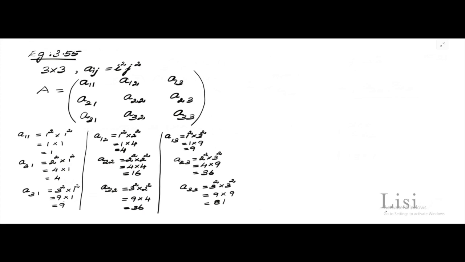See your matrix, the position of A11 is here, that's why I have written A11 here. A12 is here, A13 is here, so I have written it here so that it will be easy for me to write the answer. Just simply I can take this and put it over here.